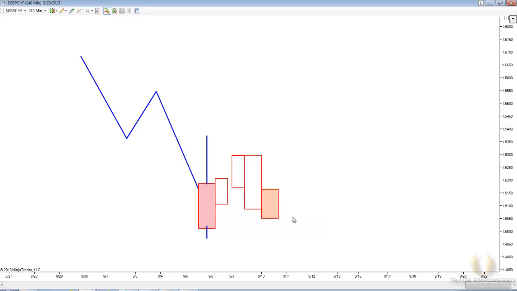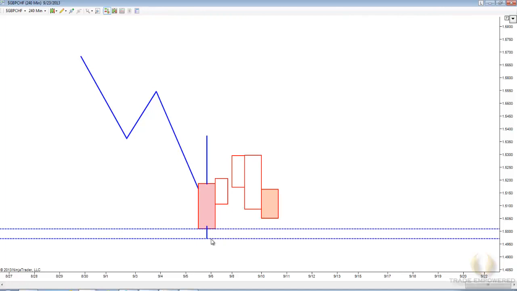Now again, the key we're looking for is this area right here. In the case of a bearish trend, instead of looking for our highest close and our highest high, we're looking for our lowest close and our lowest low. So it's going to be in between the range of the close of this initial trigger bar, and then the lowest point of this wick.